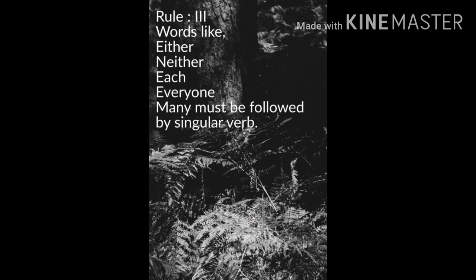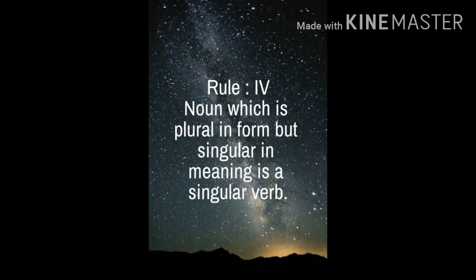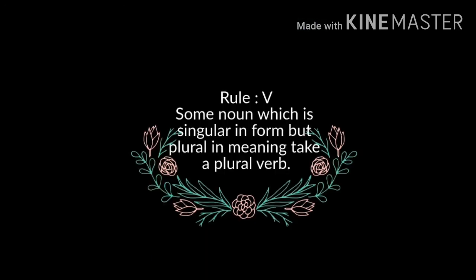Third rule, words like either, neither, each and everyone, many must be followed by singular verb. Rule number 4, noun which is plural in form but singular in meaning takes a singular verb. Rule number 5, some noun which is singular in form but plural in meaning takes a plural verb.